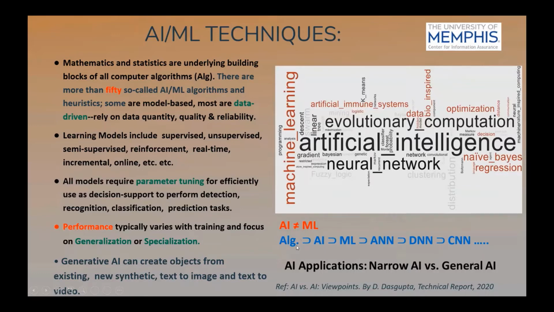As a superset, algorithms cover everything. Under that, AI is one type of algorithm. ML is a type of AI. Artificial neural network is a type of ML, and deep neural network is another under artificial neural network, like CNN and belief nets and all other neural networks.